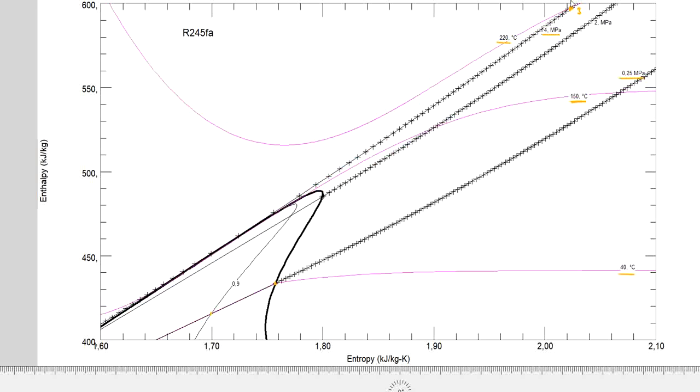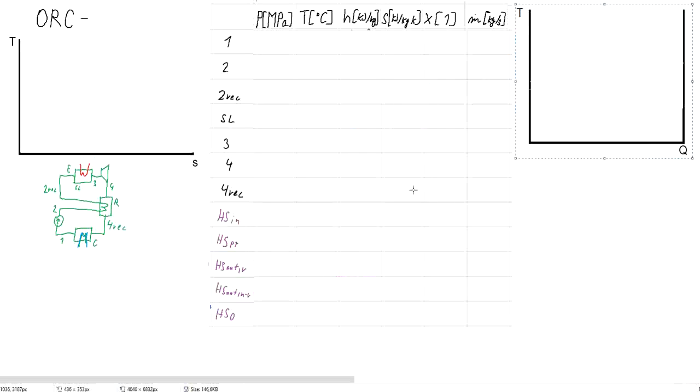So we don't have any evaporation, we don't have any point of saturated vapor, saturated liquid with the temperature 220 degrees C. So let's draw the cycle in the TS diagram.